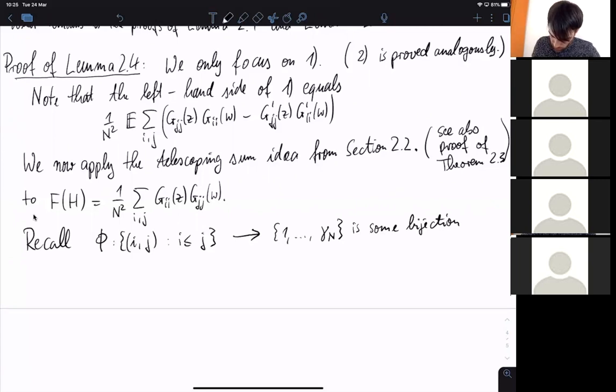So it is some bijection, and gamma n is n times n plus 1 over 2.